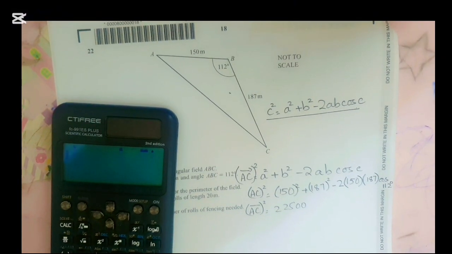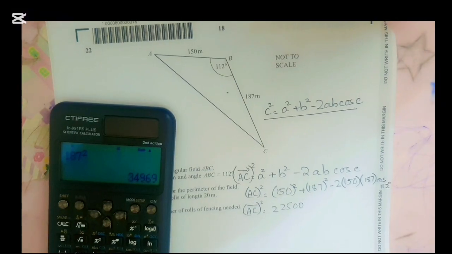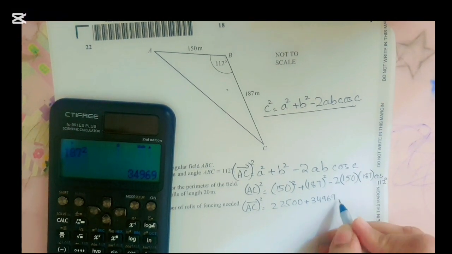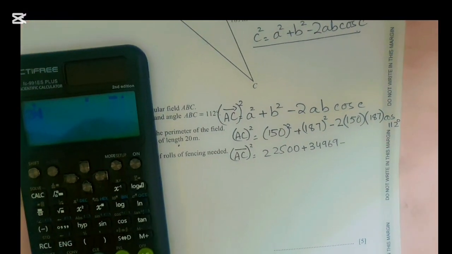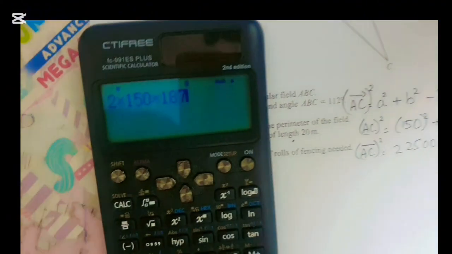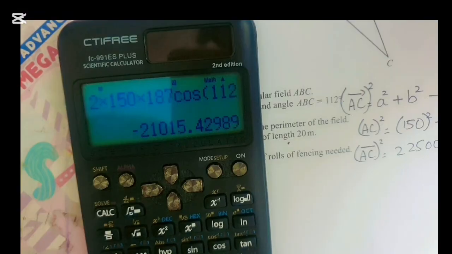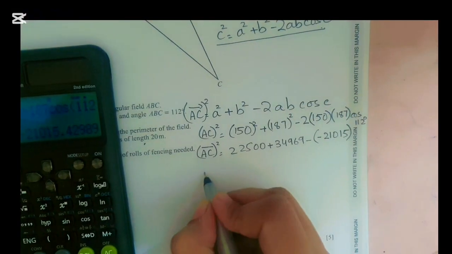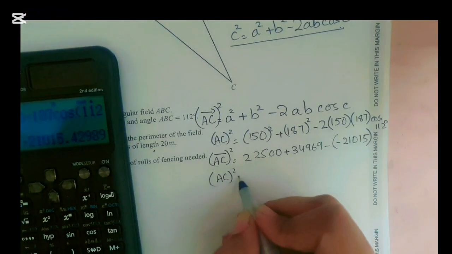Now plus 187 square, that is 34969, minus 2 times 150 times 187 cos 112, that is equal to minus 21015. I am just rounding off, not using the decimals.